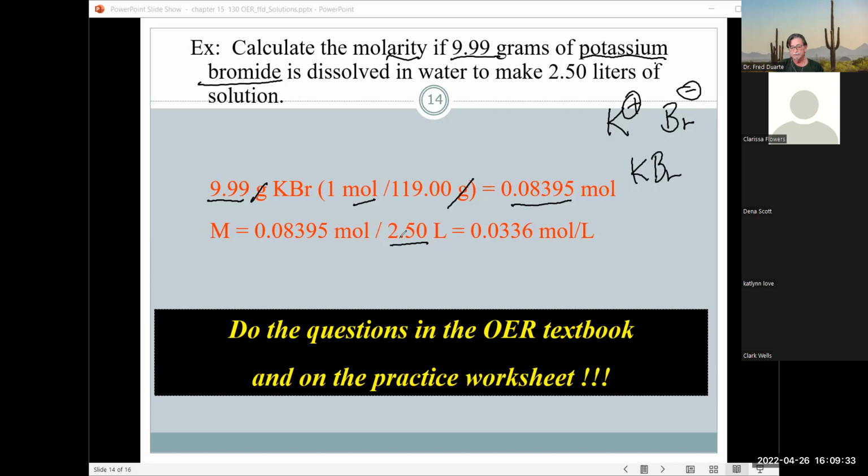Obviously the volume here is already in liters, so we can simply divide: 0.08395 divided by 2.5 liters. The molarity of a solution of potassium bromide containing 9.9 grams of potassium bromide in 2.5 liters of solution is equal to 0.0336. Okay.